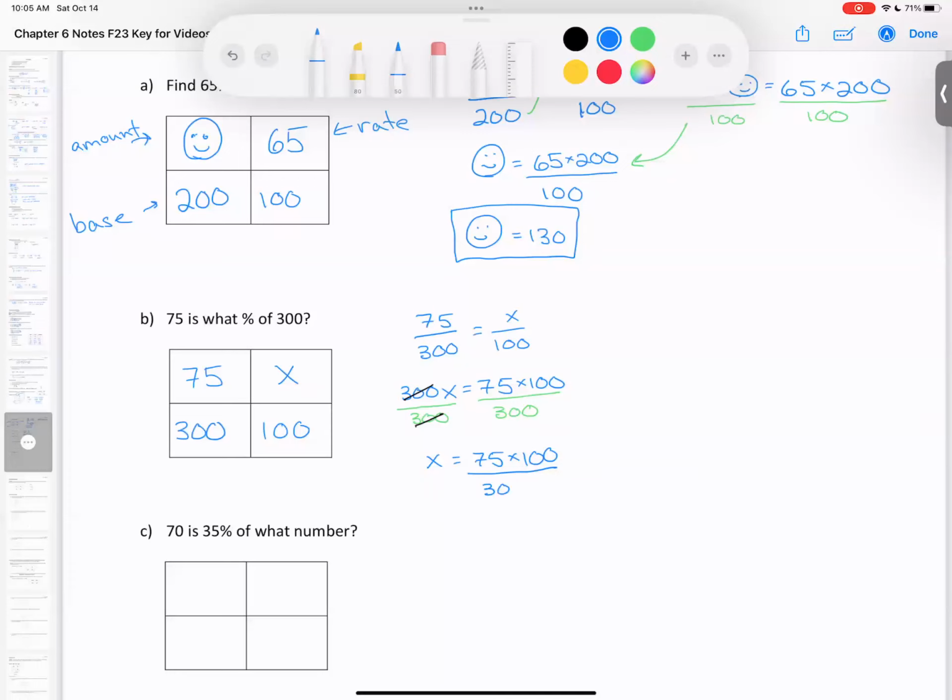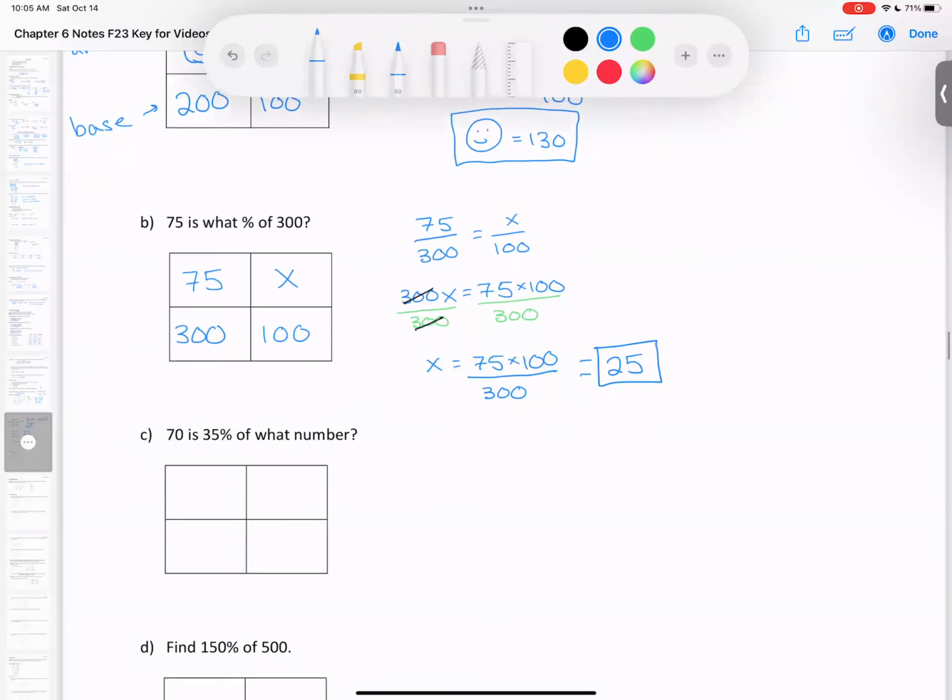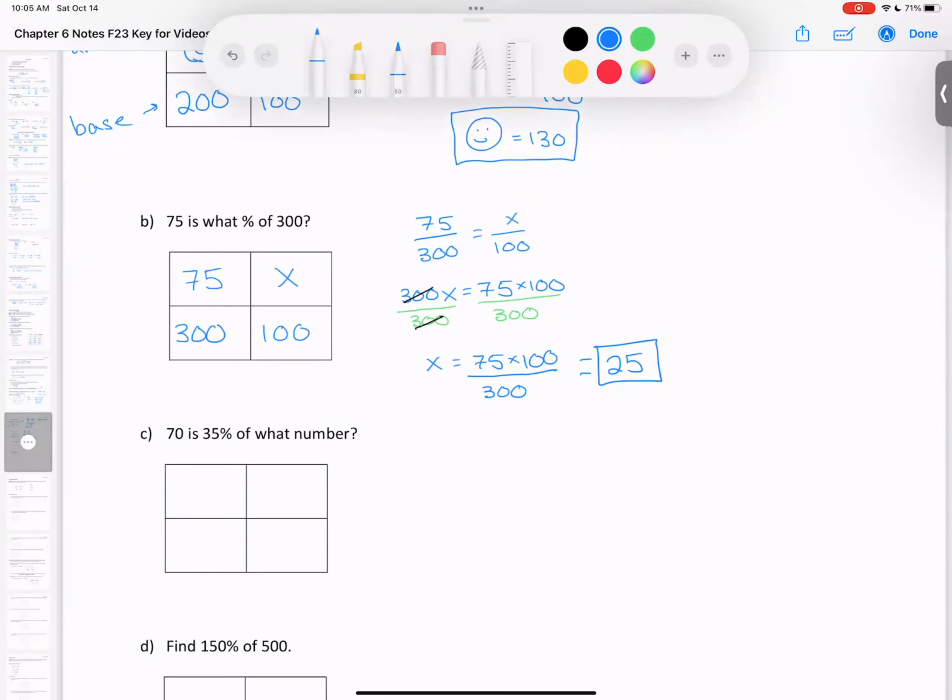And we can calculate that. So go ahead and use your calculator. And what you will get is 25. So now we know that missing value is 25. Okay, pause this video and try that next one, C.